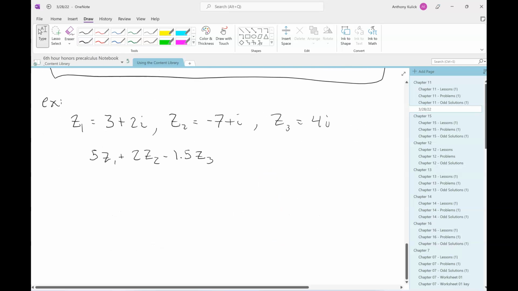And I wanted to do 5 times z1 plus 2 times z2 minus 1.5 times z3. Is this really any kind of a problem here for us? No, man. We just dump in the values for these things and distribute things through.